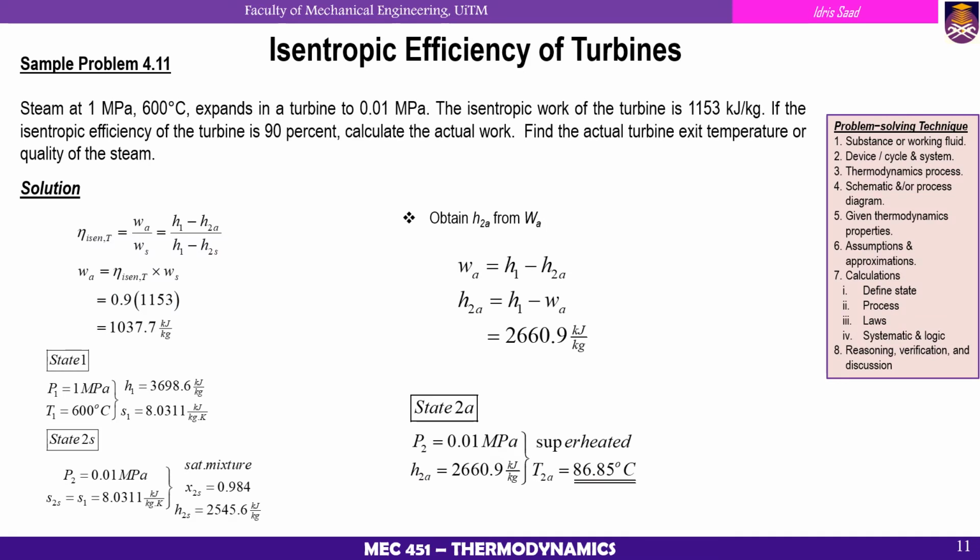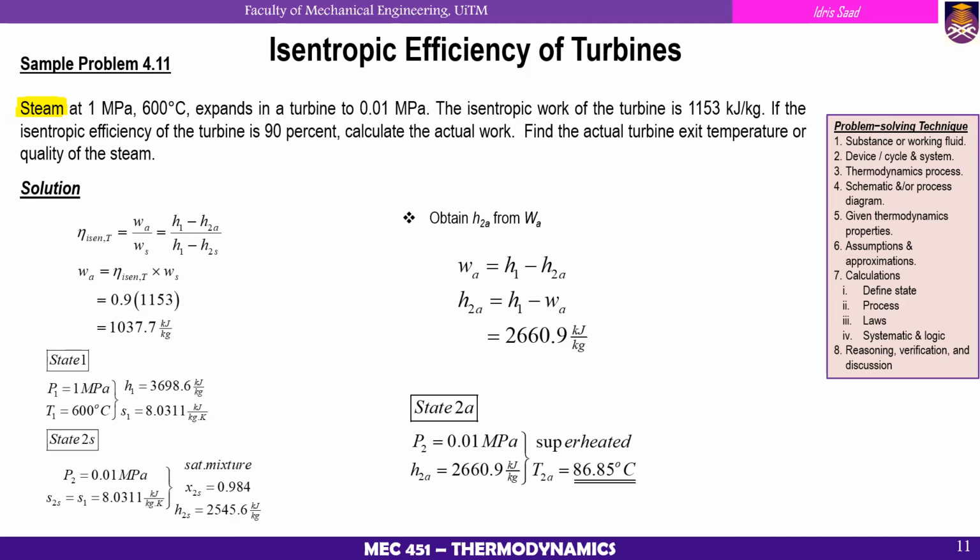This is sample problem 4.11. This sample problem is used to exemplify the isentropic efficiency of the turbine. Okay, let us read the question. The first one says steam. It already gives us the working fluid, so if it says steam, this is water.